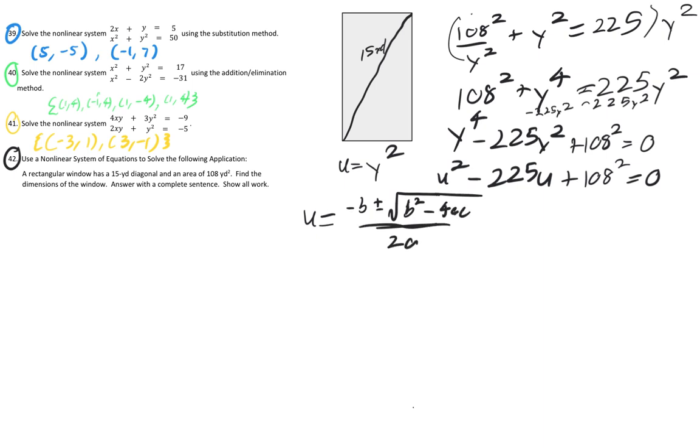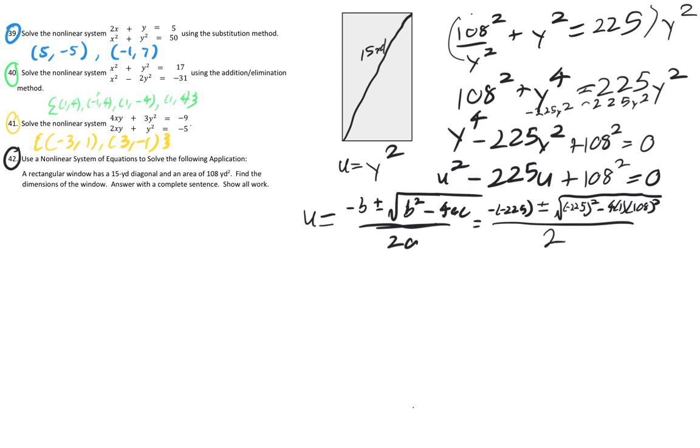So in our case here, we're going to have negative 225 plus or minus the square root of negative 225 squared minus 4 times 1 times 108 squared, and then all over 2.